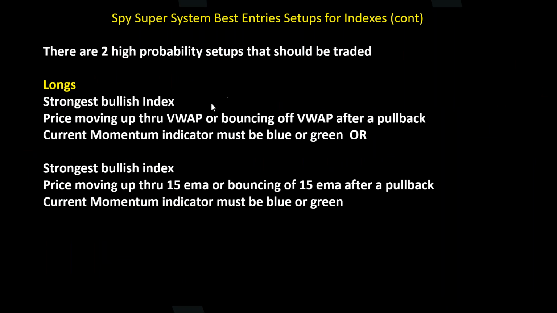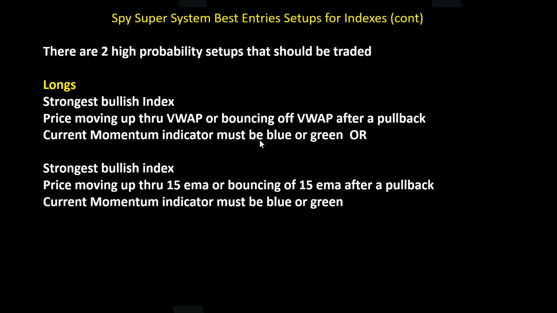So it's coming from below the VWAP and moving through it, and the momentum indicator is turning bullish, or it's bouncing off the VWAP. It's been moving up, it pulls down to the VWAP and then bounces off it and heads back up with the market, and the current time frame momentum is bullish. So those are the cases for the strongest bullish one, and the current momentum indicator must be blue or green when you go long the trade.